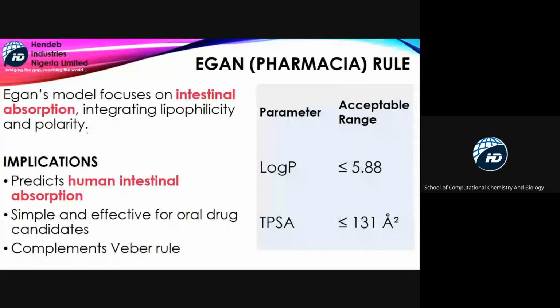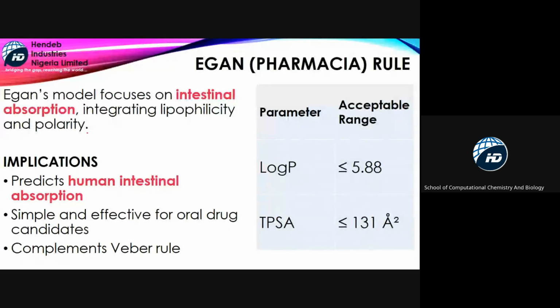So today, each and every one of us shall have our own model. Like today, we shall establish a Hendeb model, while you too establish your own model. You can see people just choose some parameters, develop a model for it, and give it their name.